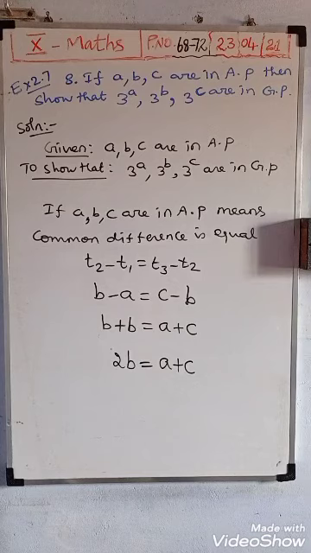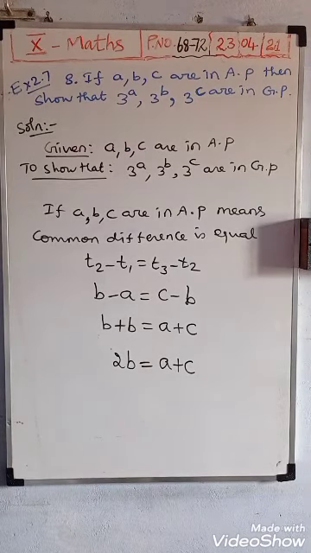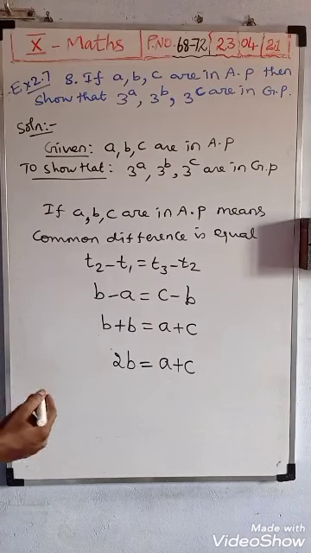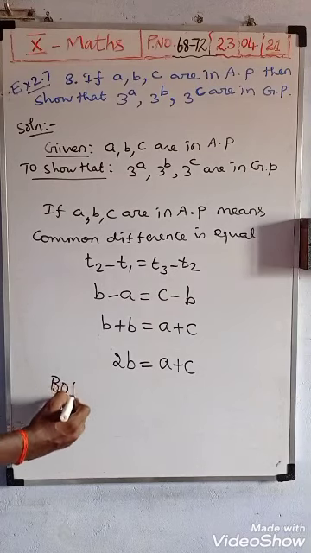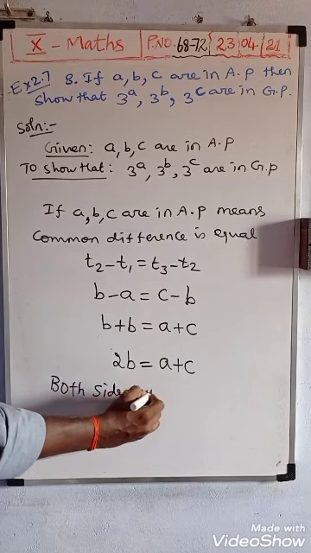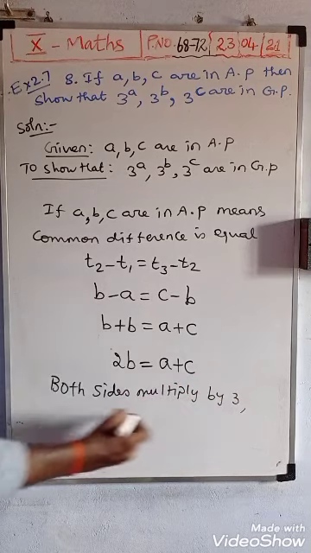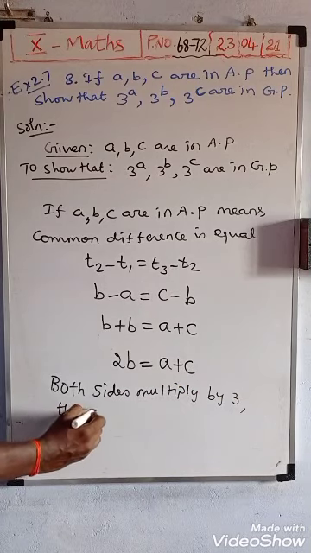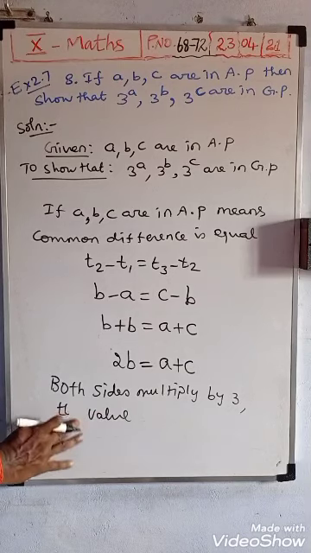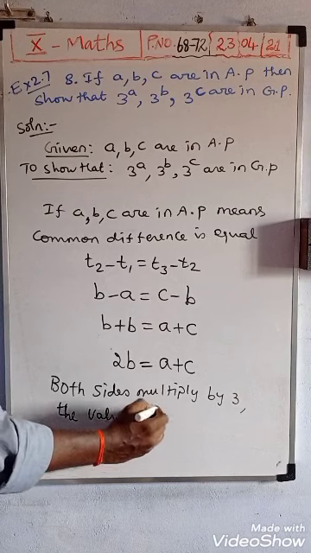So given that a, b, c are in AP, we receive the result 2b is equal to a plus c. Using this result we want to show that 3 power a, 3 power b, 3 power c are in GP. For that, on both the sides we multiply by 3, the value will not change.